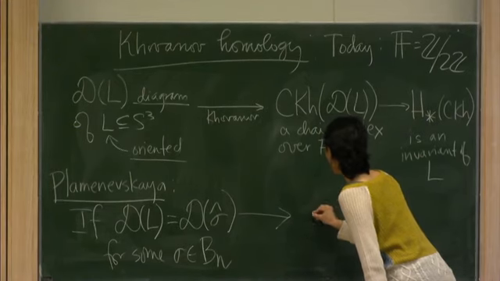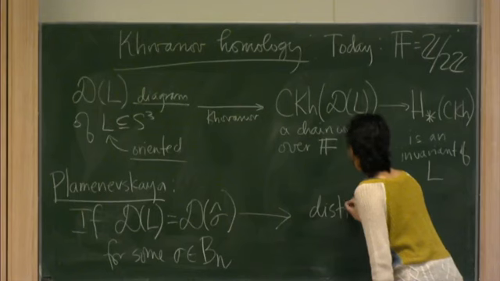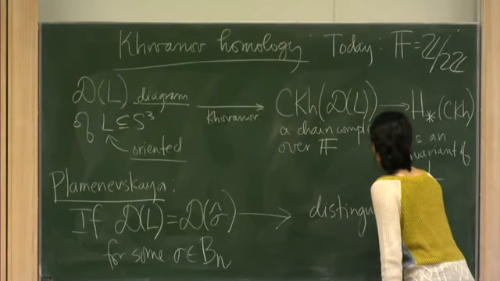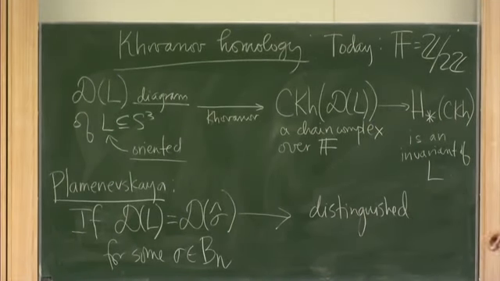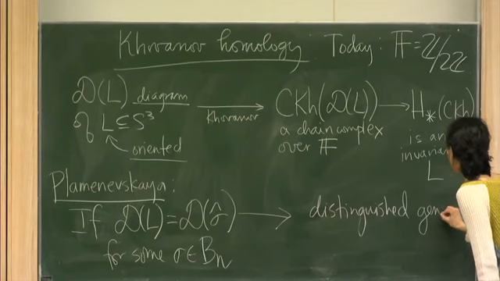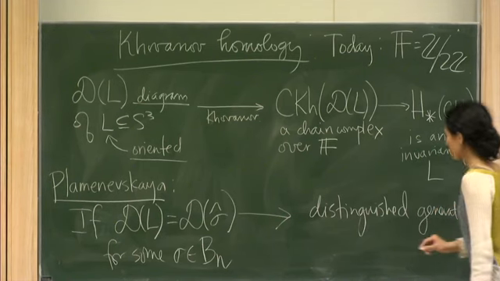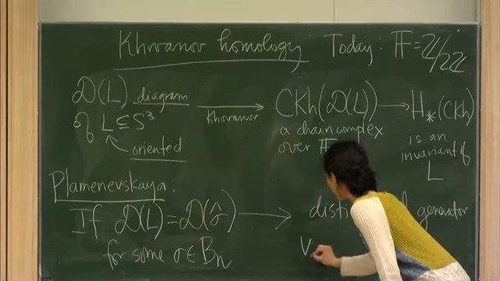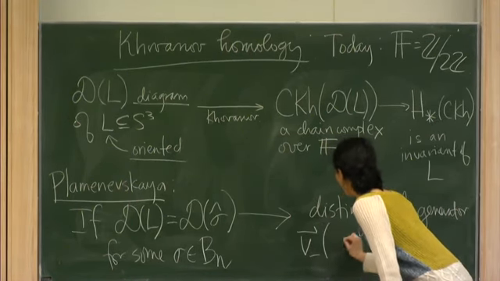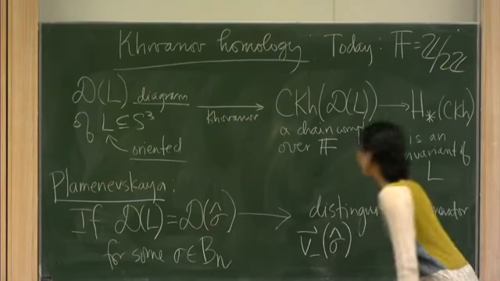Then there's a distinguished generator, or a distinguished basis element in this chain complex, which I'm going to call V minus of this braid closure.